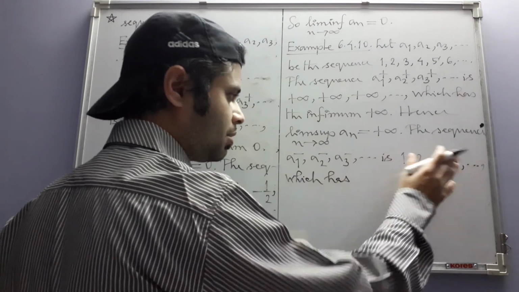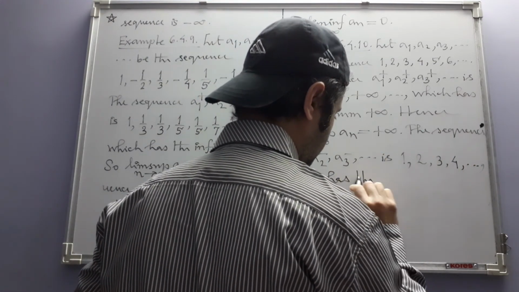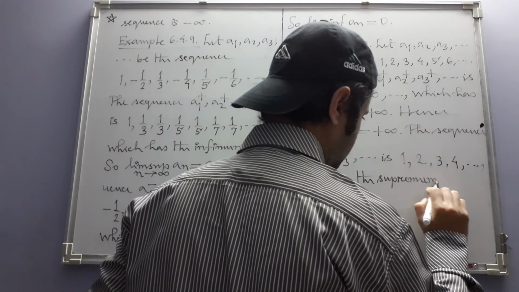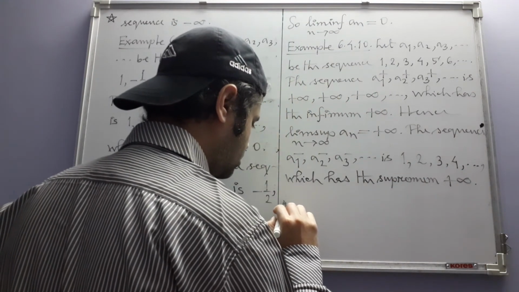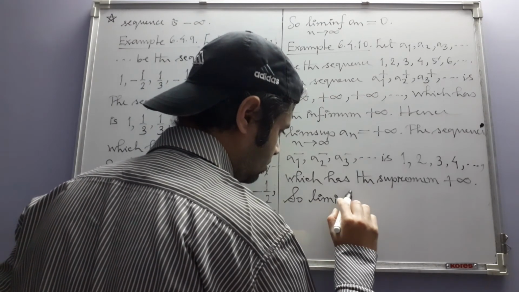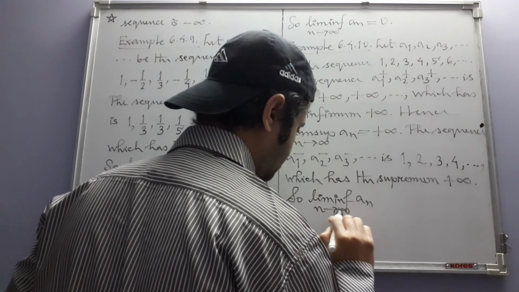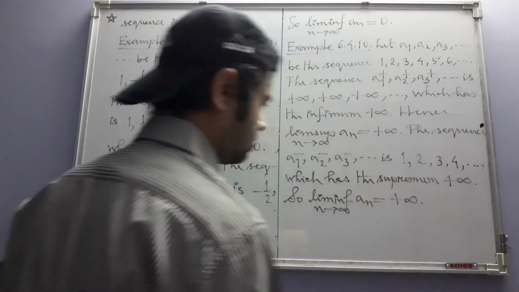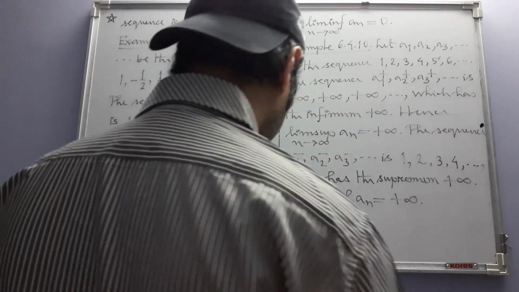And what is the supremum of this? It has the supremum plus infinity. So the limit inferior is also plus infinity. So limit inferior can be plus infinity. Okay, this is one such example.